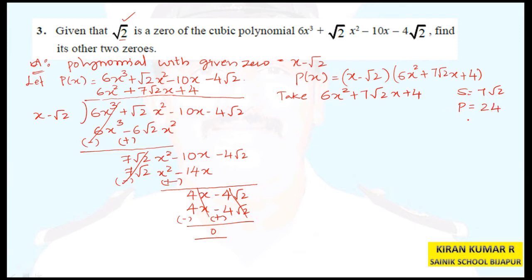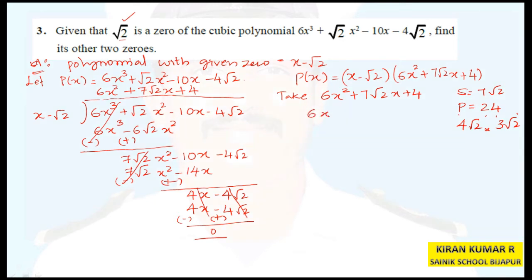If you take the combination of 4 root 2 multiplied by 3 root 2, look at this, 4 3s are 12, root 2 into root 2 is 2, 12 twos are 24. Add them, you get 7 root 2. So we will take the combination of 4 root 2 and 3 root 2.